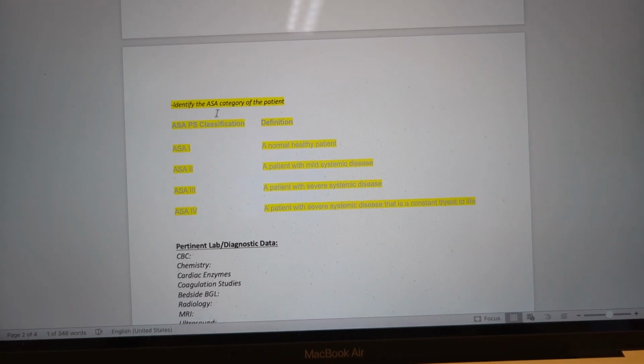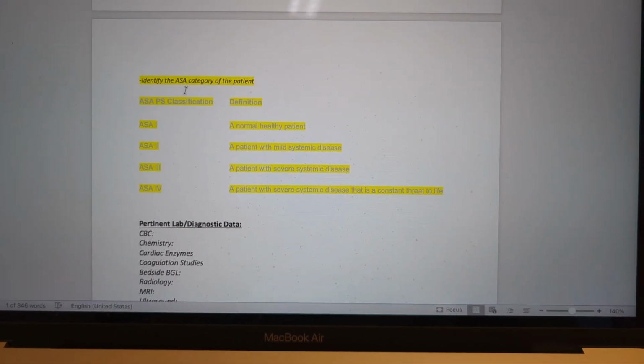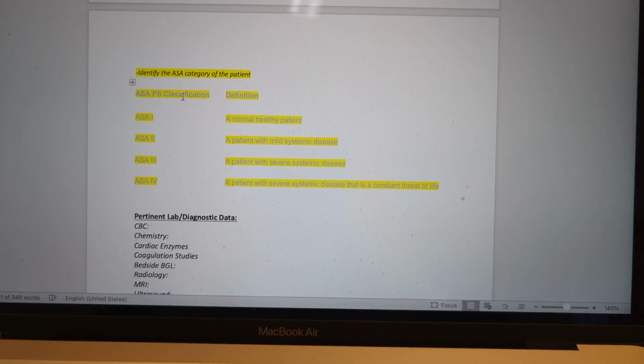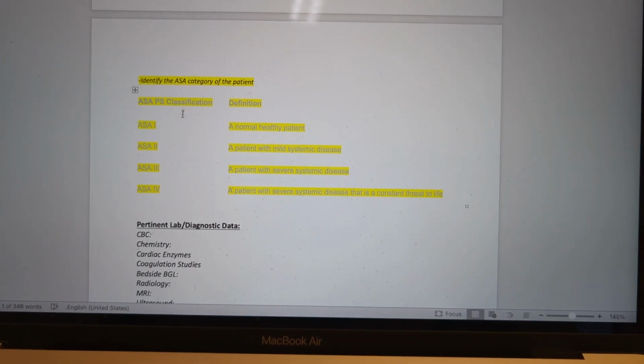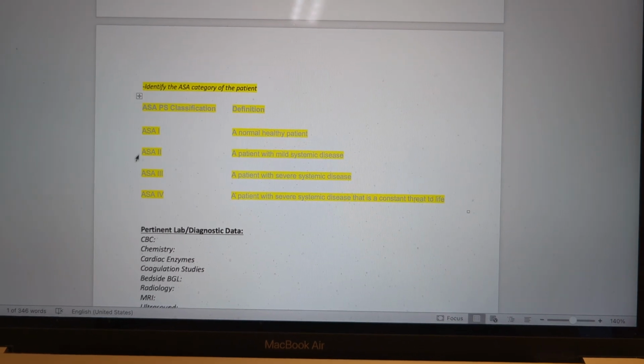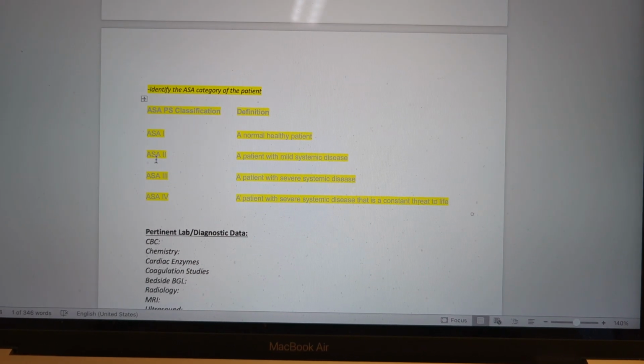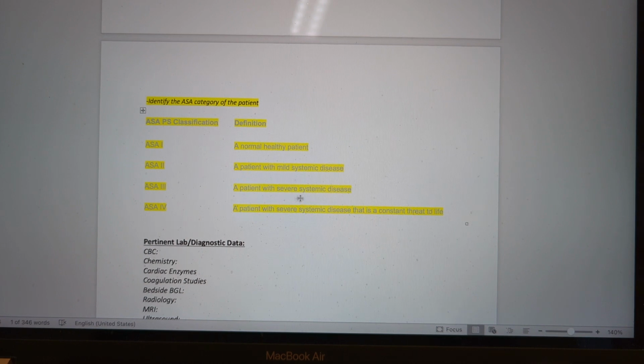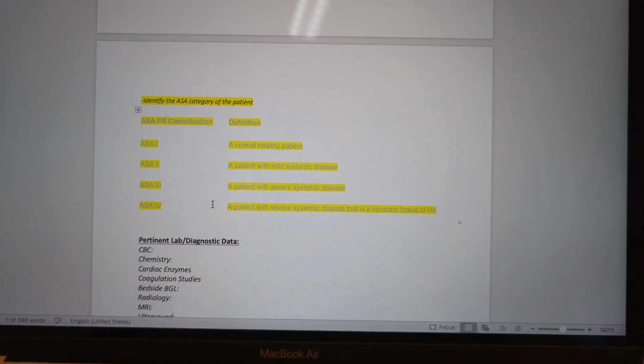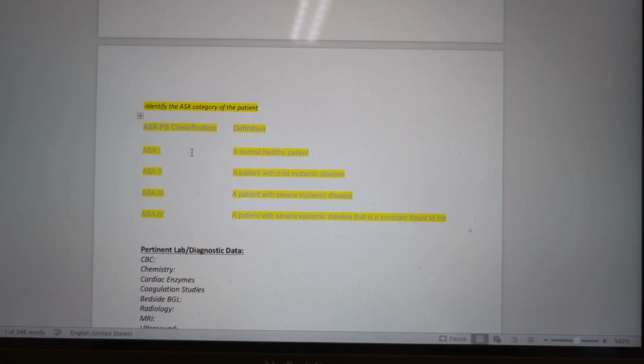So this is the American Society of Anesthesiologists category, the ASA-PS classification. Most of your patients are going to fall into either ASA 2 or ASA 3, and then these are definitions for these ASA classifications. ASA 1 is a perfectly healthy patient without any comorbidities.